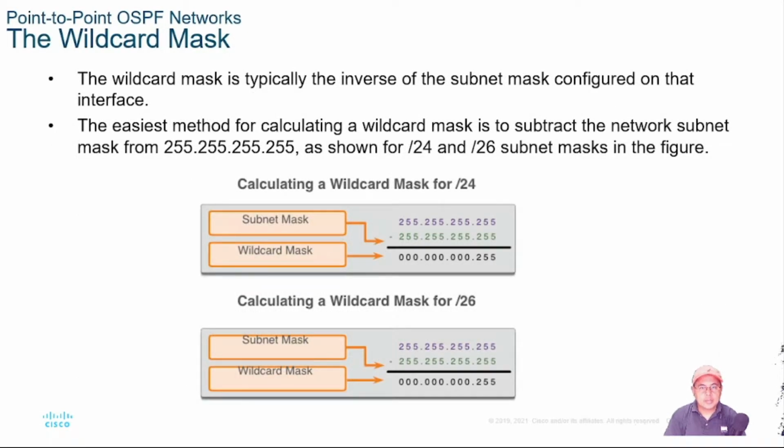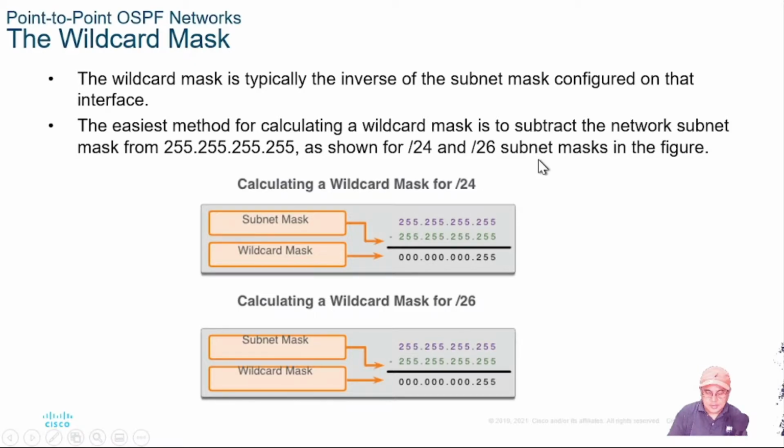The wildcard mask is actually an inverse of a subnet mask, as I mentioned a while ago. The easiest method for calculating the wildcard mask is just subtracting the network subnet mask from 255.255.255.255. In this example, we will make some corrections here in the PowerPoint.